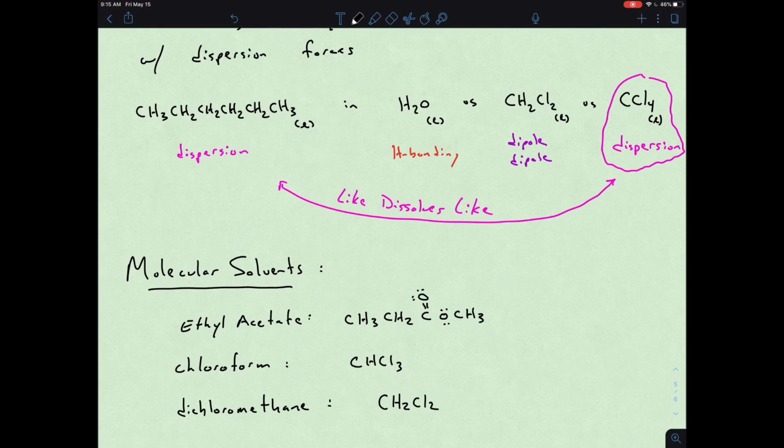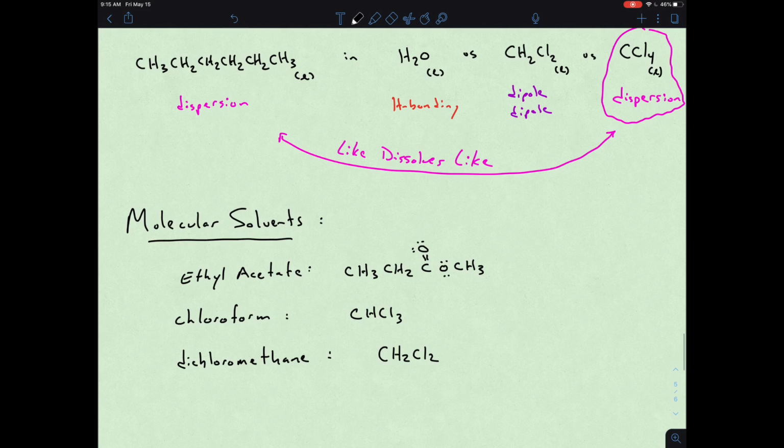And there are a lot of others out there as well. So these would all be ones with dipole molecular solvents.